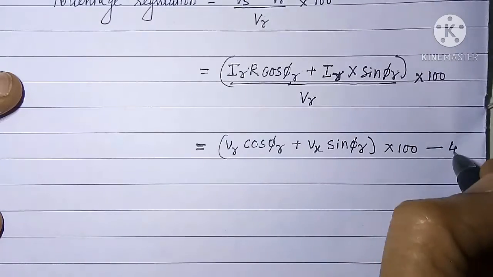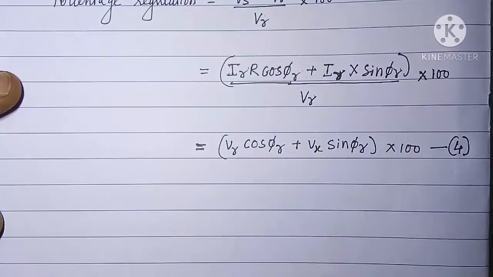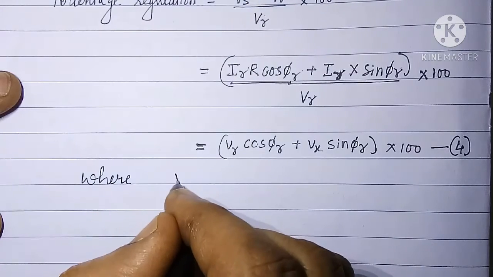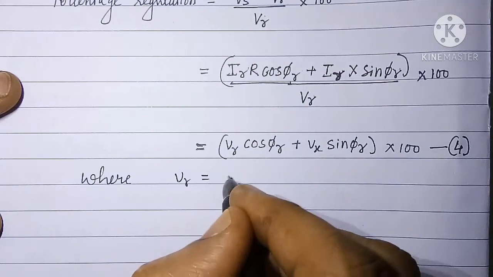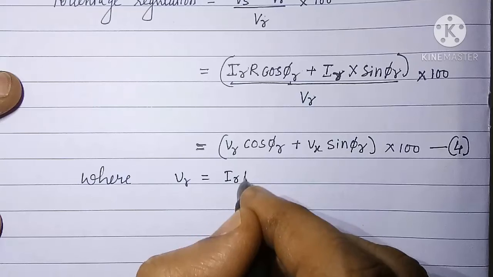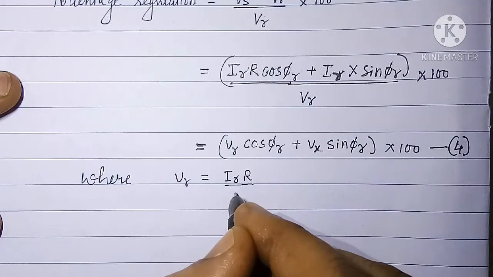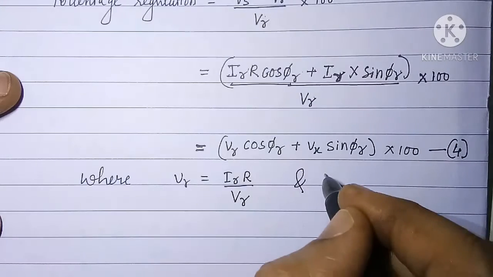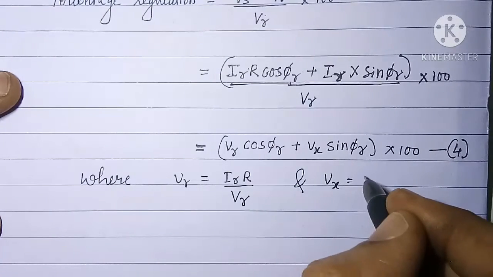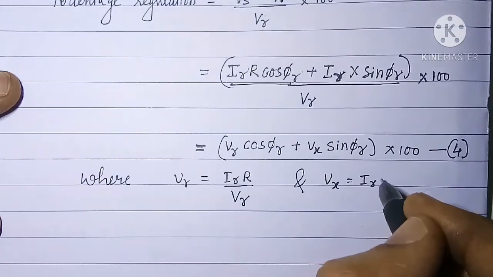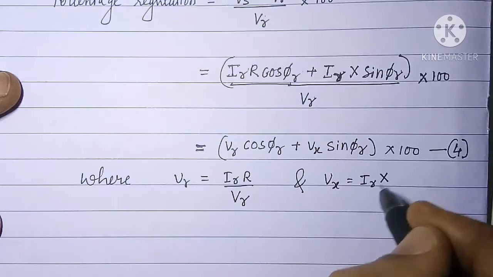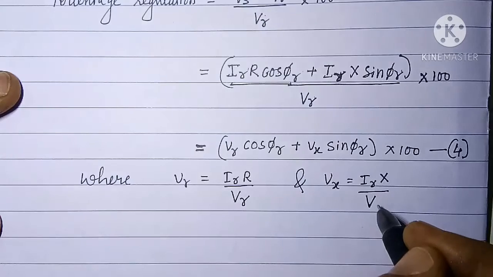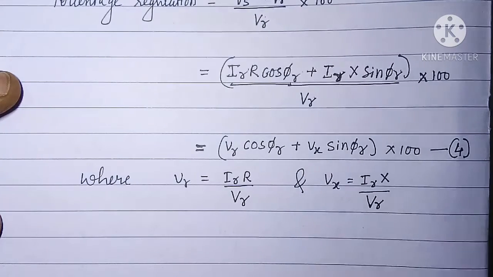Let us call this equation 4, where small Vr is equal to IR into R upon capital Vr, and small Vx is equal to IR into X upon capital Vr.